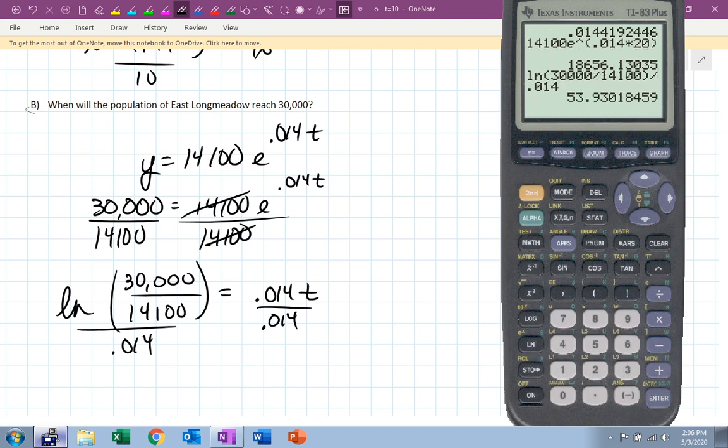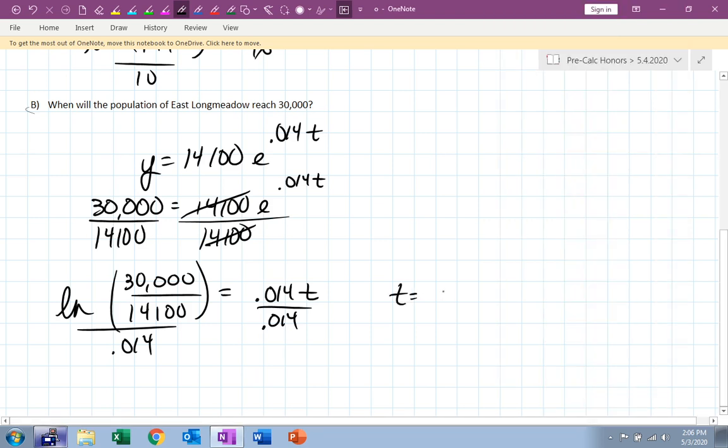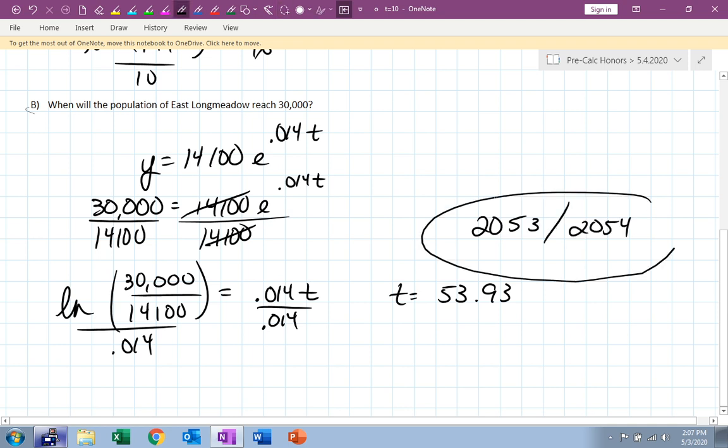Let's see, we got 53.93. So what that means is around the year 2053 or 2054, East Longmeadow should have a population of around 30,000 people. And again, that's only if the model sticks throughout that time.